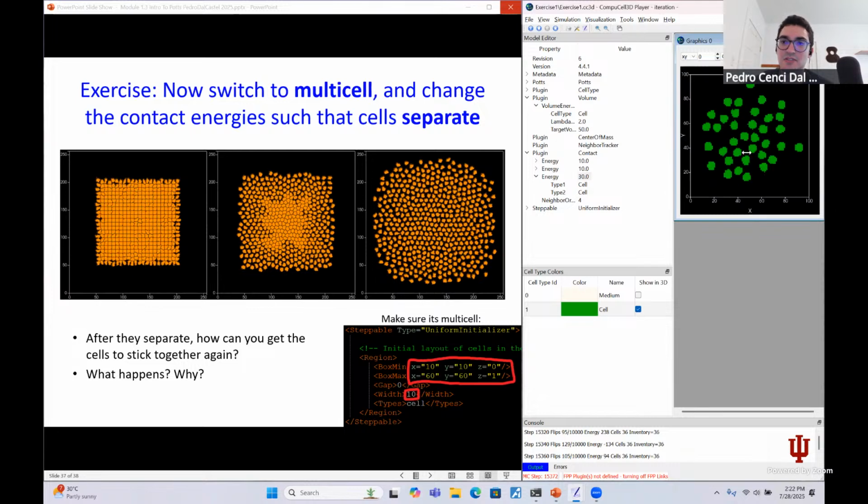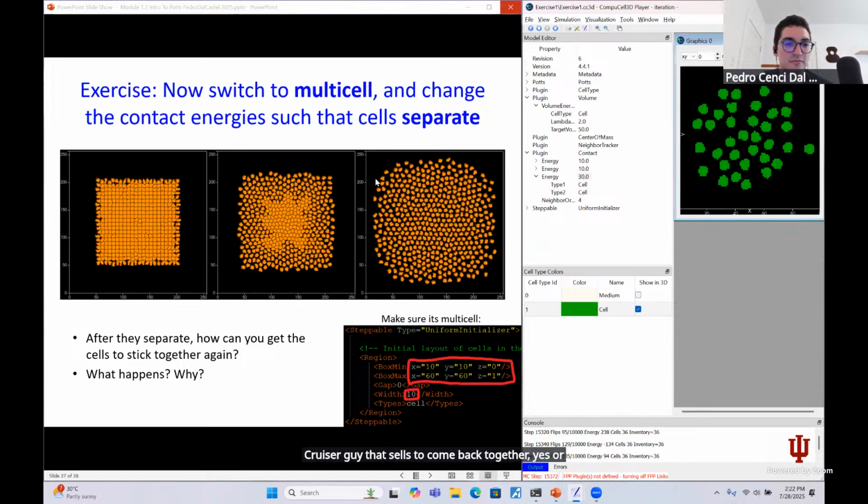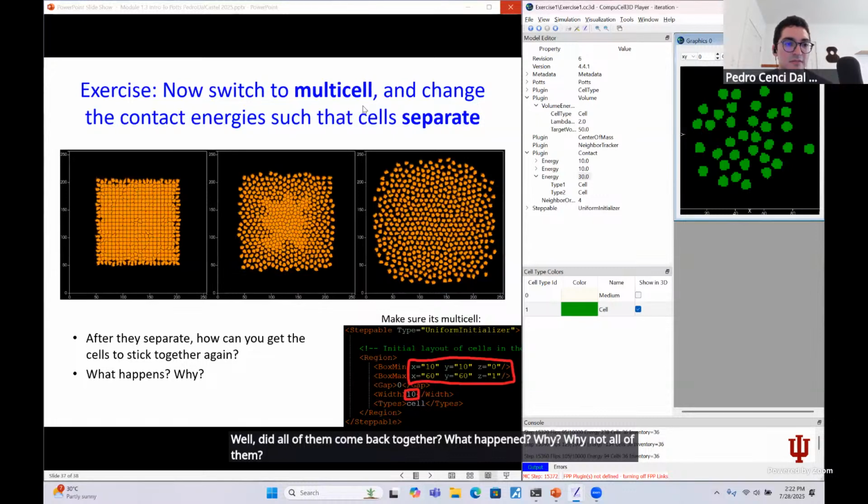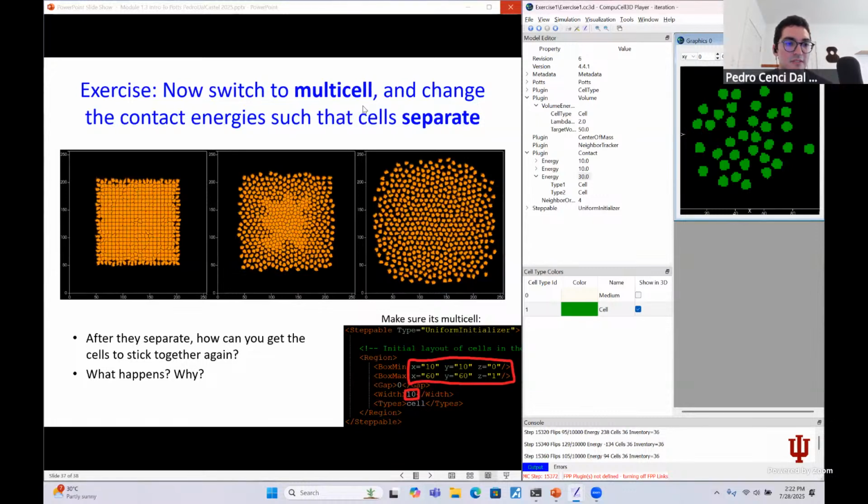Could you get the cells to come back together, yes or no? And did all of them come back together? What happened? Why not all of them? Some didn't. Okay. Small clumps.